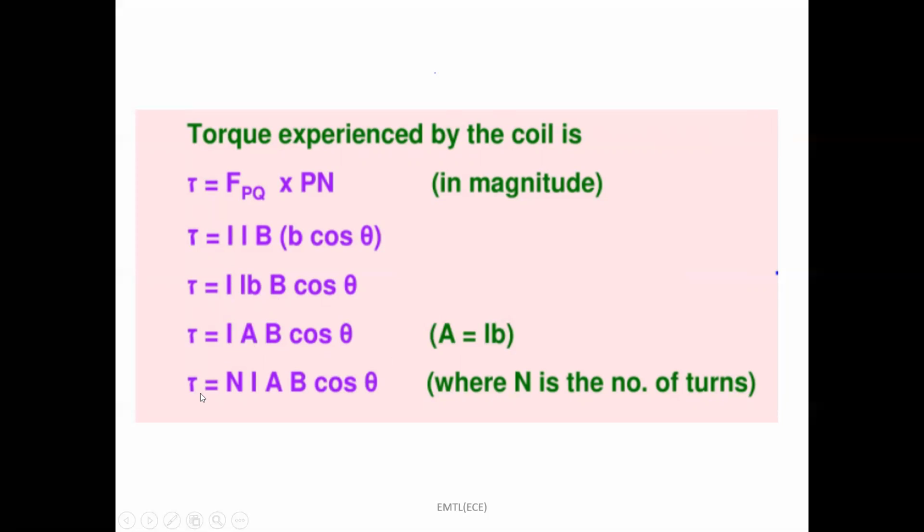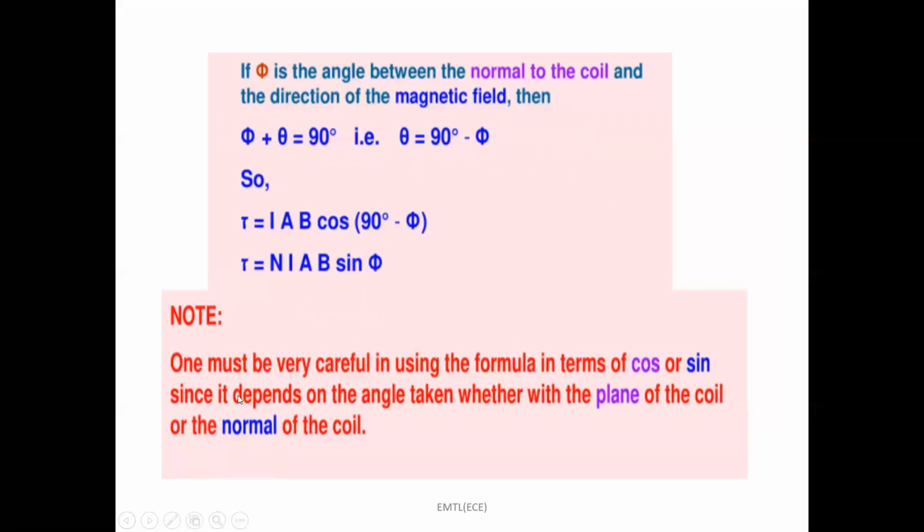Now, torque T is equal to NIAB cos theta. Here capital N is the number of turns on the rectangular coil. If phi is the angle between the normal to the coil and the direction of the magnetic field, then theta plus phi is equal to 90 degrees.